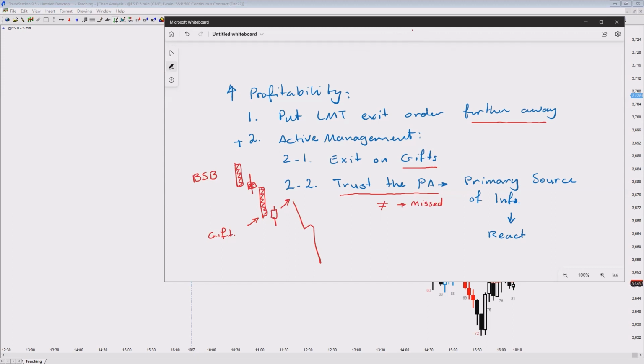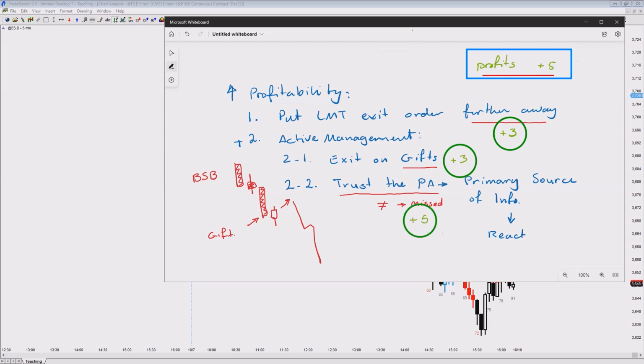Now, if you put some numbers around it, let's say your general profits, you're scalping most of you, so it's about 5 points. Let's say by putting the stops further away, you get plus 3 points here. You get plus 3 points here. And because you don't exit on these ones, you maybe get another 5 points here. And most of you have about 3 or 4 trades a day, right? So if you trade 3 times a day and you win all of them, that's 15 points.